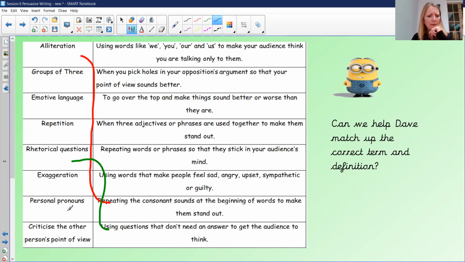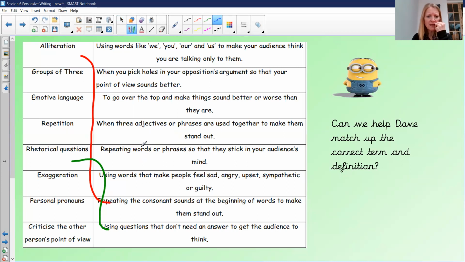Ooh, what was this one here? Personal pronouns. Now, a pronoun is when you use a short word instead of a noun. I wonder if we've got that one there. Do you think that's using words that make people feel sad, angry?